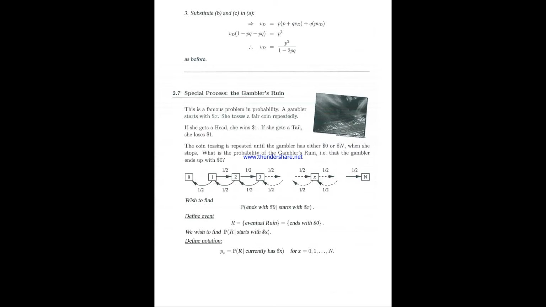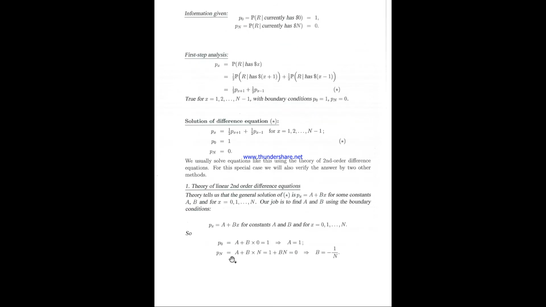The probability of ruin when you have X amount of money, we take it as Px as per the notation. If you can remember, we discussed how to solve this problem using second order differential equations, because here you have two constraints. So I will quickly recall what we discussed.